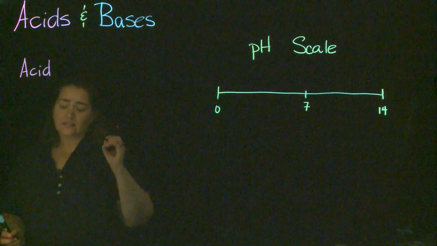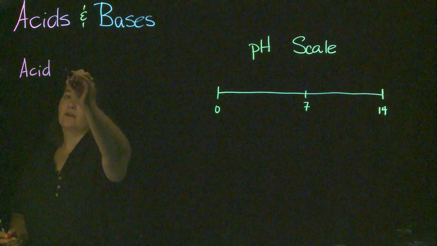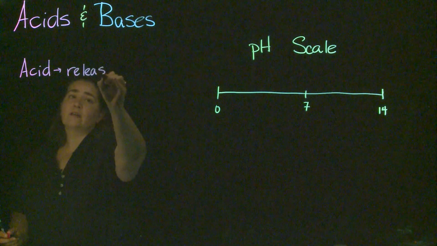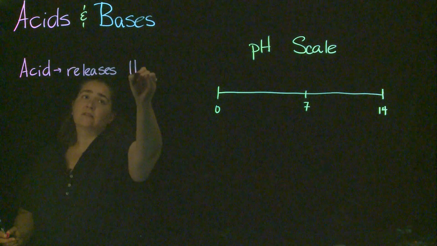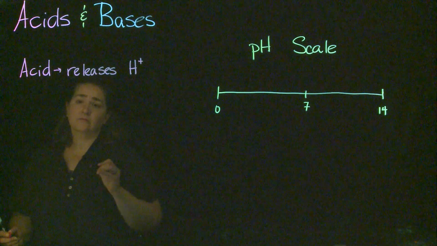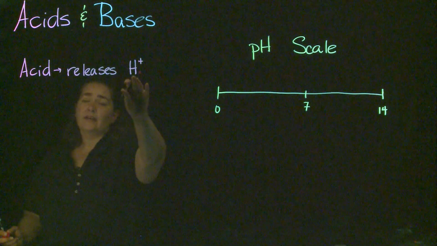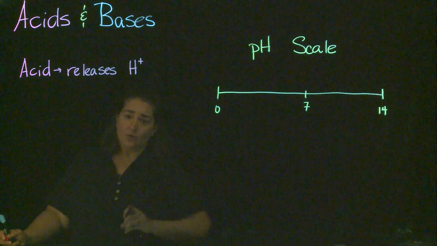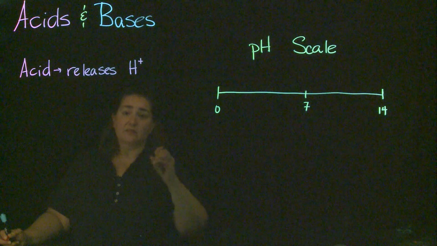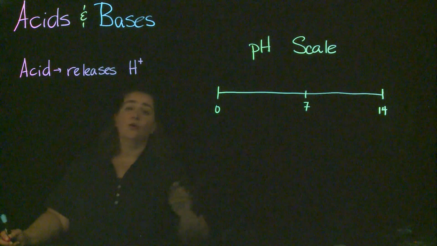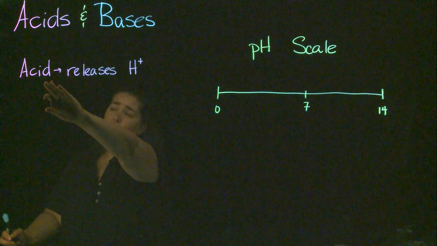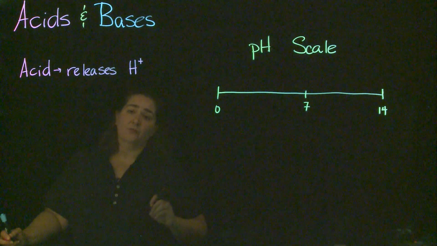An acid is going to be any compound that releases a hydrogen, okay? That hydrogen is going to essentially lower the pH, because pH is how we're going to detect changes and whether or not something's acidic or something's basic.